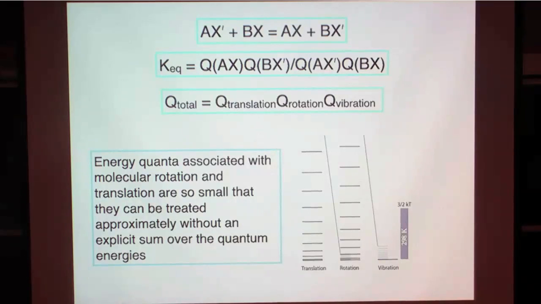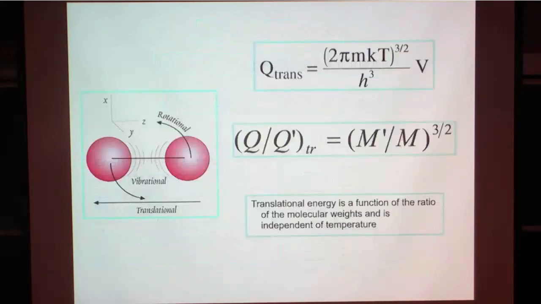It's a probability. So as you can see, when you're actually looking at translational, rotational, and vibrational energies, the vibrational energy tends to be the largest in these systems. We'll do one by one, and what you'll see is that the translational and the rotational are basically going to fall out, and we're going to be left with only a vibrational frequency that's going to matter for this equilibrium constant.